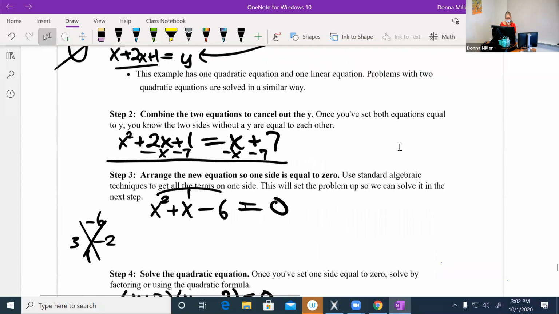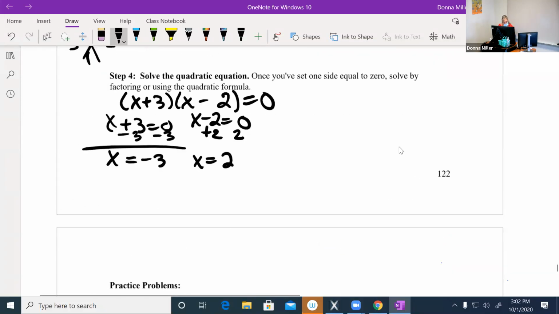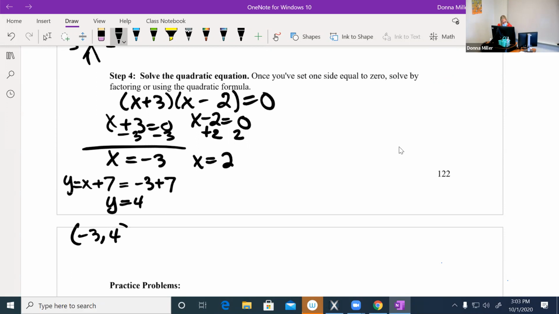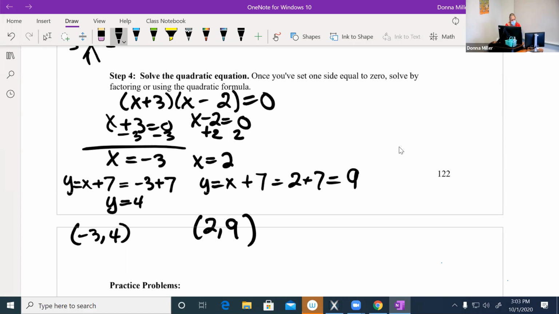So if y equals x plus 7, here we get -3 plus 7, so y is going to be 4. And so this would be the point -3, 4. And if y equals x plus 7 and x is 2, it's going to be 9. So those would be the points of intersection.